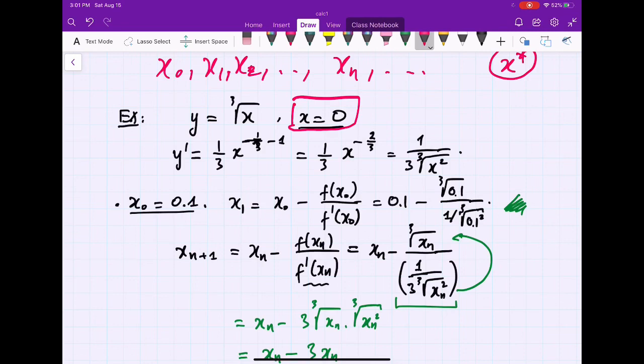And if I give you such a problem on a quiz or test, probably I would give you a very good function that you can differentiate, and then you can find x1, x2, x3, the first iterations. I think that is it. All right. So if you have any questions, please feel free to let me know.